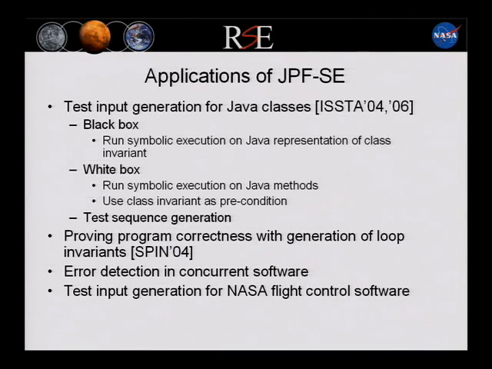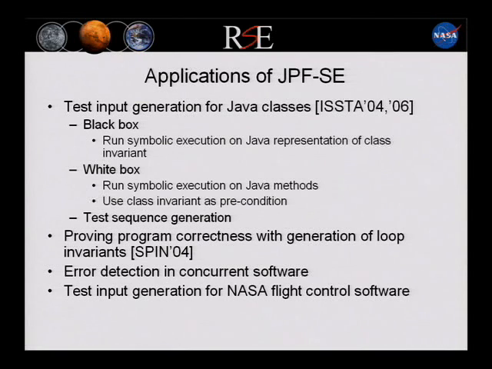We have some experiments reported in some ISTA papers that apply these techniques in a black box fashion. The idea is to encode the so-called class invariant as a Java predicate, and then to apply our techniques from that Java predicate. And the result will be to generate different structures that satisfy the class invariant.